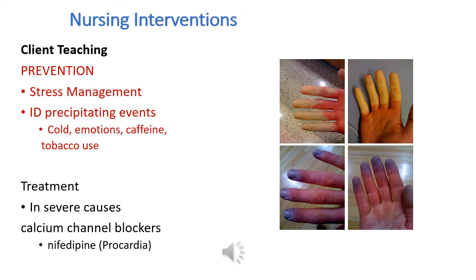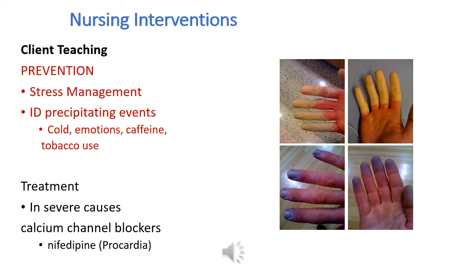The nursing interventions for a client with Raynaud's phenomenon is really focused on client teaching and prevention of these episodes. So things like stress management are really important because that's a trigger for an episode. Also, if clients can learn what the precipitating events are and work to prevent them. So it may be different for each person what brings on their episode, so they need to learn that.